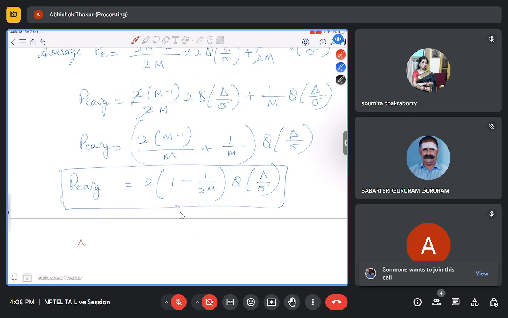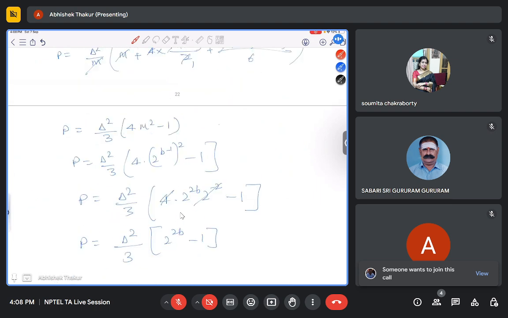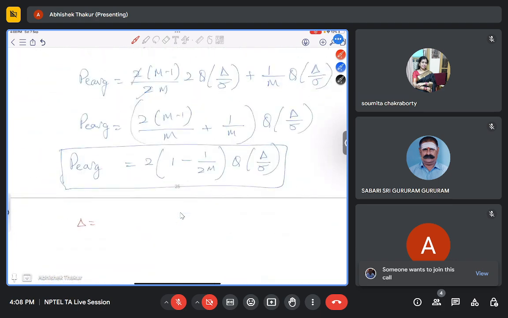And now what is the value of delta? Delta we have calculated here. P is equal to delta square by 3 times 2 to the power of 2b minus 1, that is the power of the symbol.